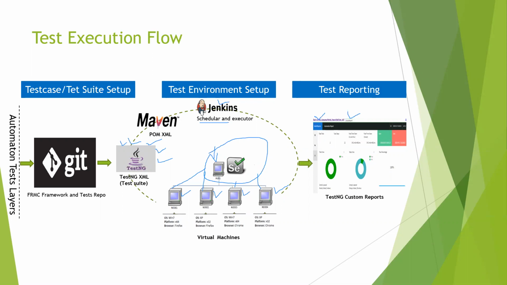In TestNG, we have created a class specific to the functionality, and in that we created each test case separately. So test cases map to particular scenarios or a bunch of scenarios. That's how it is divided.